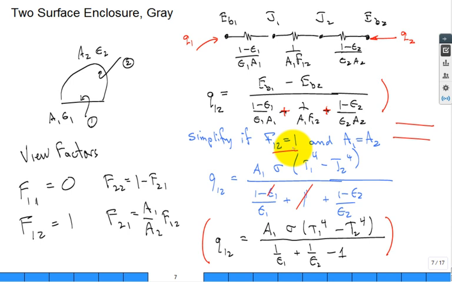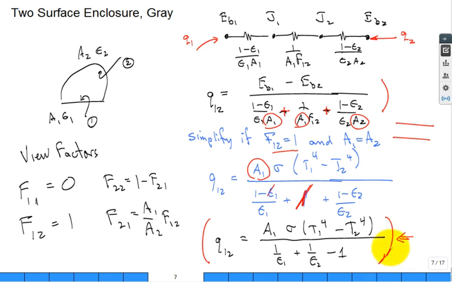In that case, you can move the A1 up here. Just bring that A1 up because A1 is equal to A2. And then you have 1 minus epsilon over epsilon. That's like 1 over epsilon 1 minus 1. And then that cancels with this one, like that. And then you get a slight algebraic reduction, and you get this result.